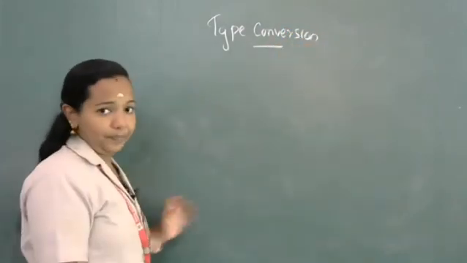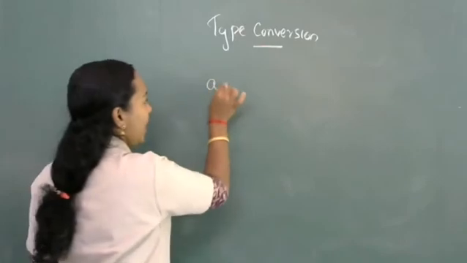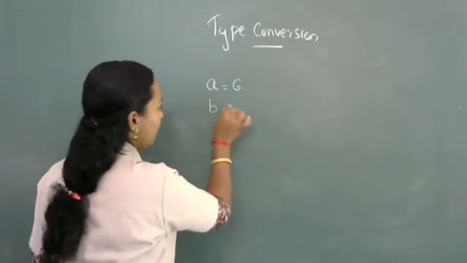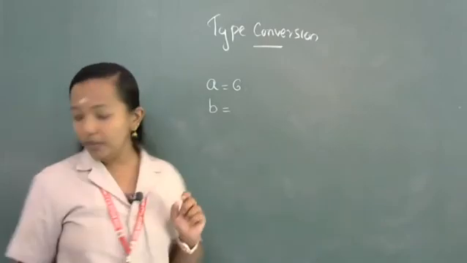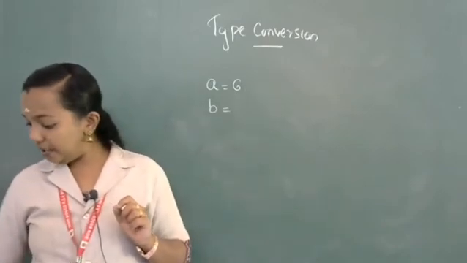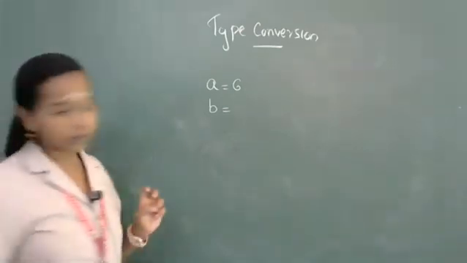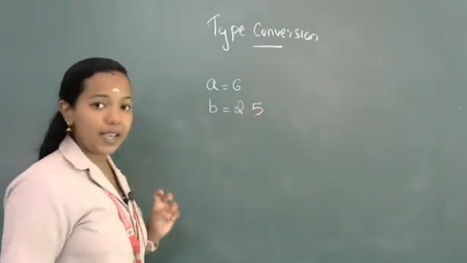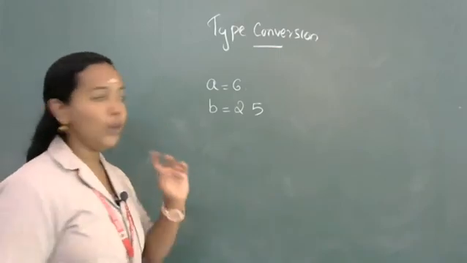For example, A is equal to 6 and B is equal to 2.5.